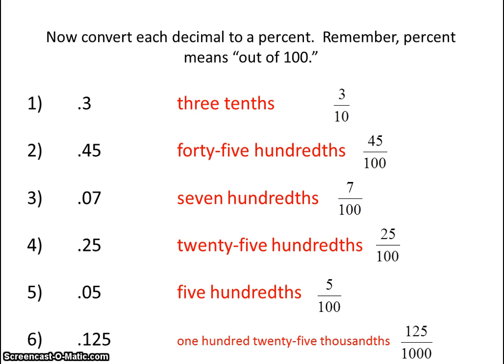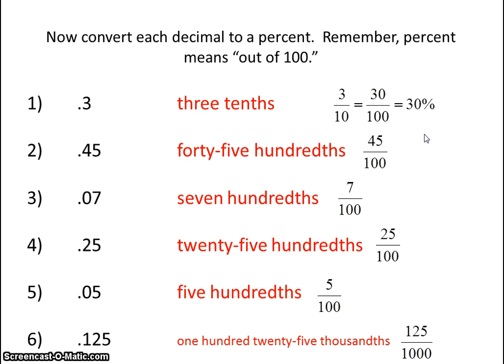When we convert a decimal into a percent, remember percent means out of 100, all we need to do is take our fractions and turn them into fractions that have 100 in the denominator, just like we did in our ratios unit. 3/10 is equal to 30 over 100 because 10 times 10 is 100 and 3 times 10 is 30. 30 out of 100 is actually 30%, because remember, percent means out of 100.